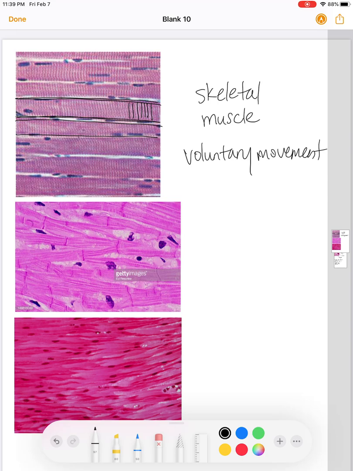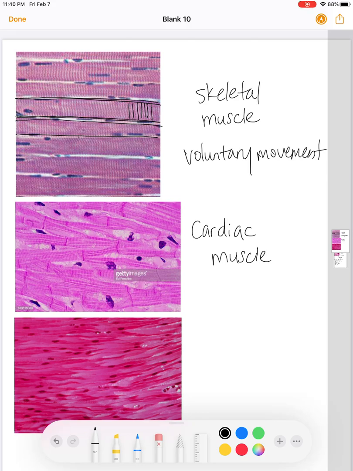This next type is cardiac muscle. Cardiac muscle is only found in the walls of the heart. And this muscle is also striated, so if you look closely, you'll see that dark and light banding pattern, but it's not quite as bright or easy to see as it is in skeletal muscle.